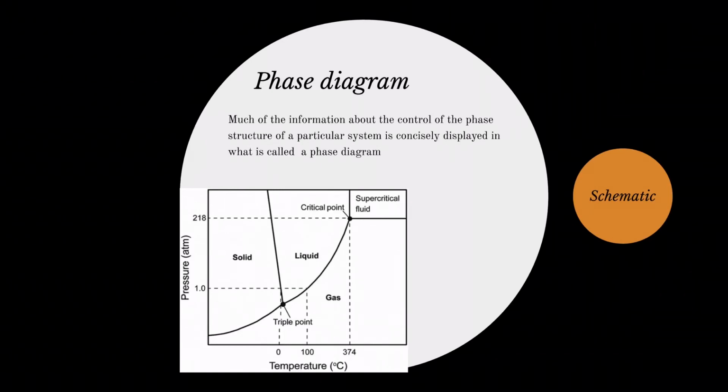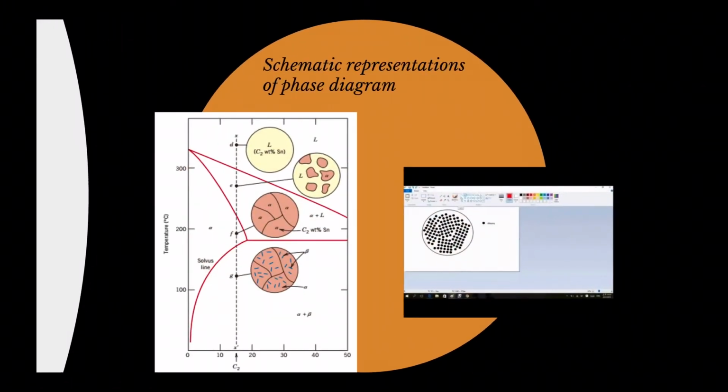You can say solid A, solid B, solid C. If they have a different arrangement of atoms, or different growth rate for the grain, you can say that it has a different phase. So if we see here, I forget what this is. I think this is strontium and tin. I think tin and strontium.